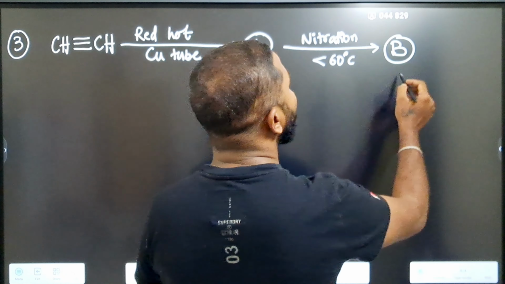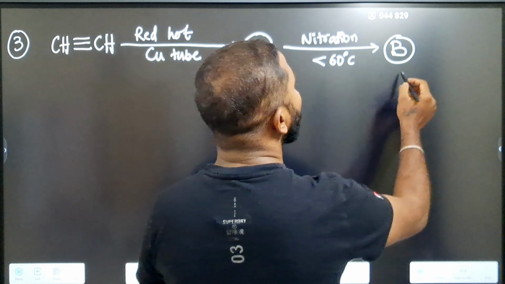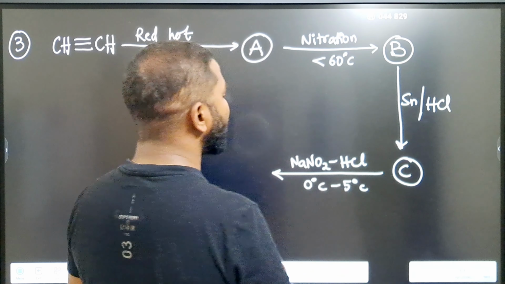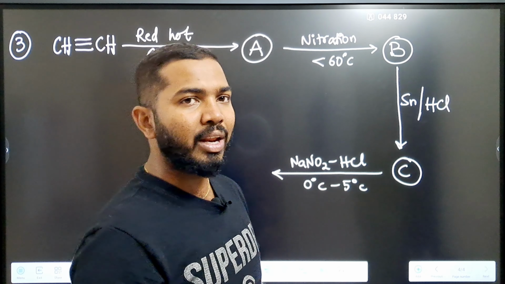It gives B, and then this B you take for reduction with Sn/HCl. This reaction is so famous. Next this compound gives C, and then this C you treat with NaNO2 and HCl, at a particular temperature maintained at 0 degrees centigrade to 5 degrees centigrade.